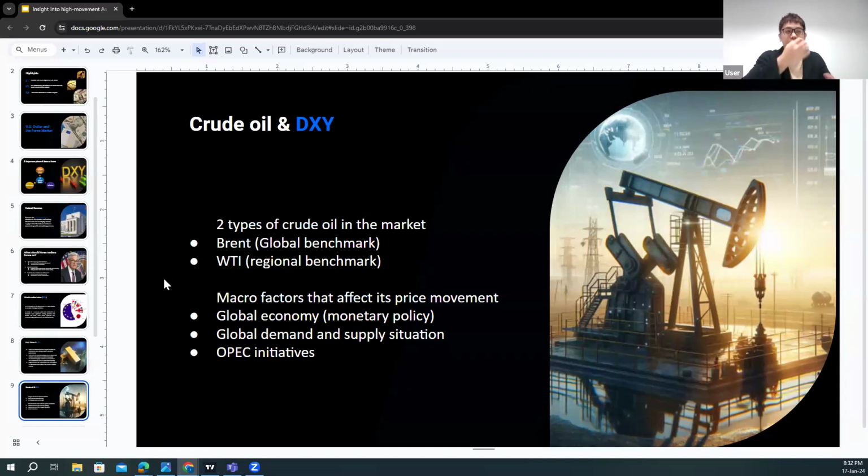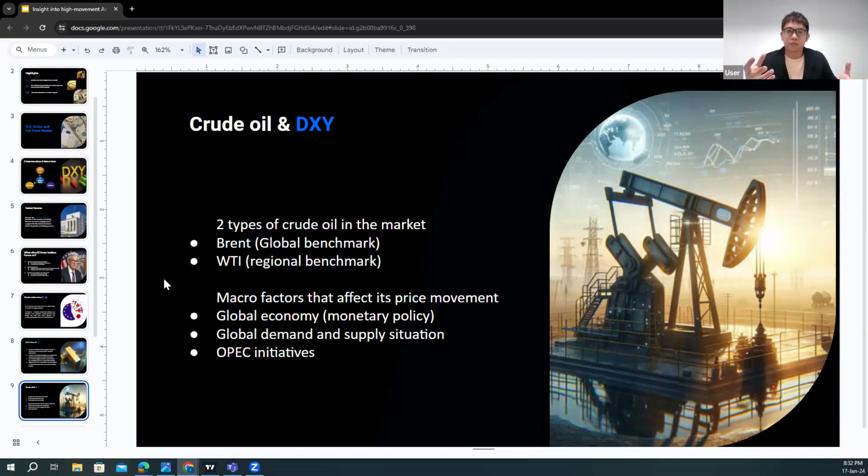When China and India were fighting the pandemic and wanted to lock everyone at home, their economies were harmed. Then the demand for oil is definitely not going to be good, so at that time crude oil prices will not be good as well. Okay, so this is the demand side.